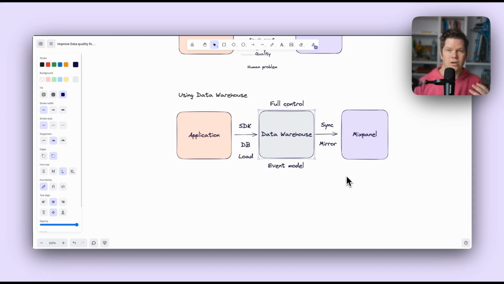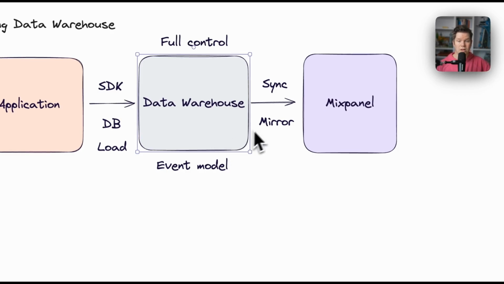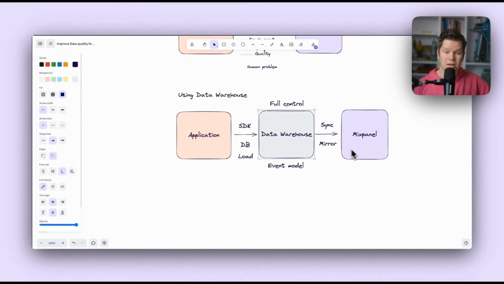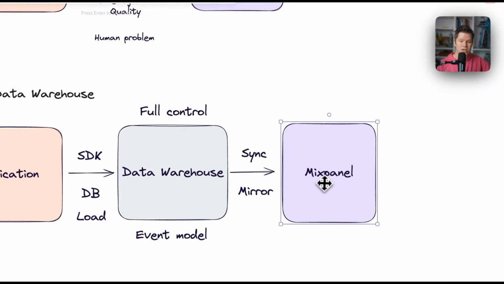For example, there was a mistake in the API, and so the revenue was 10% too high because, let's say, there was a different kind of calculation. We figure this out, and we can adapt this in our data warehouse model. Then when we use the mirror sync, this data will change when it comes into Mixpanel. This makes it extremely powerful. This is what I'm talking about: we get full control over which kind of data gets in front of our users.